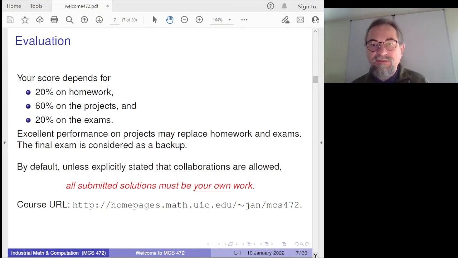We collaborate, we seek help if we need to. There is the computational aspect. After all, this is an MCS course. And the reporting is important. So these are the 4 points that I can emphasize now of the main importance of this course.